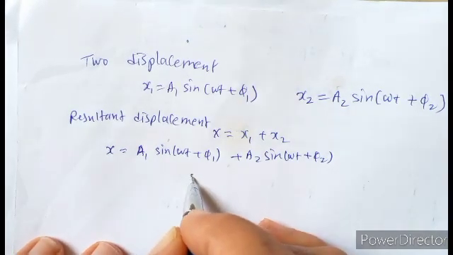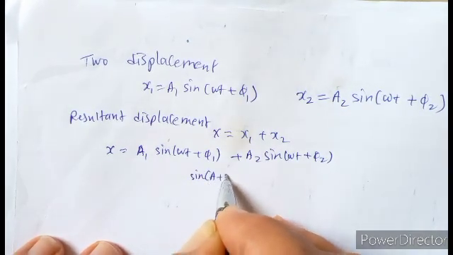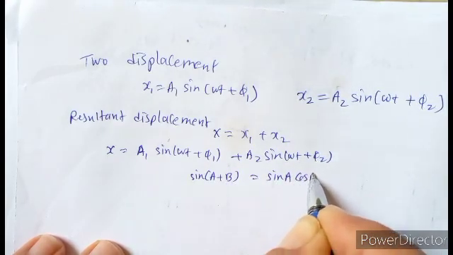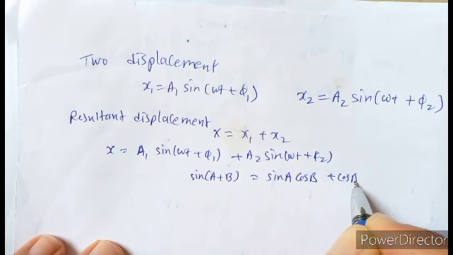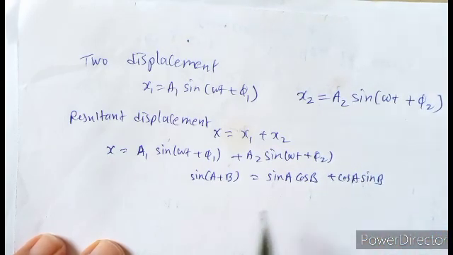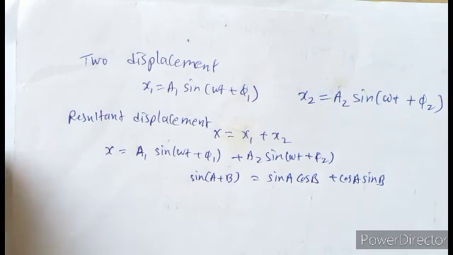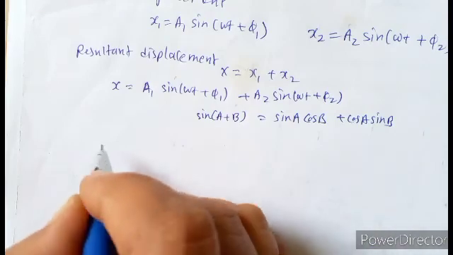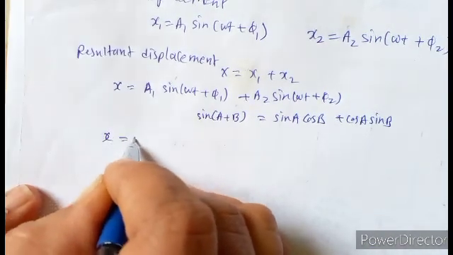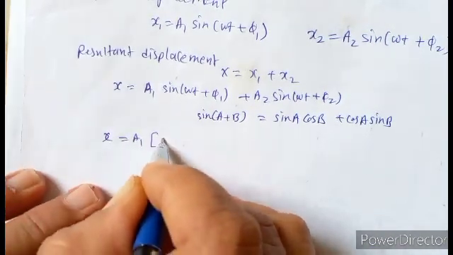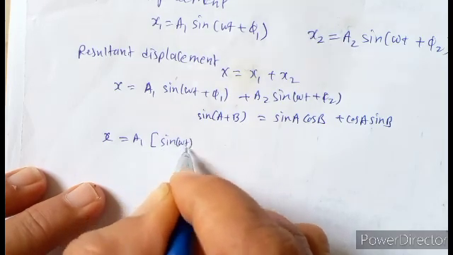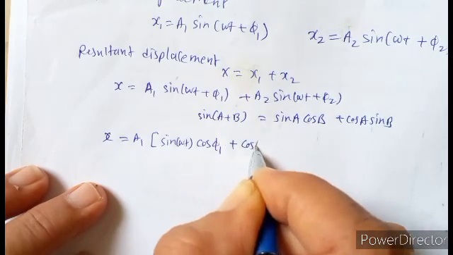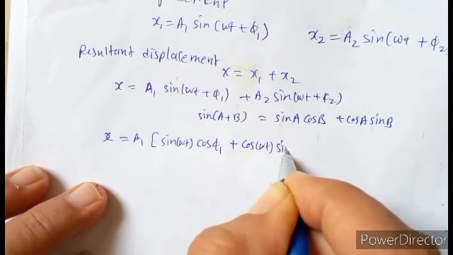Now we use the formula sin a plus b is equal to sin a cos b plus cos a sin b. We apply this formula, then we get the expansion of these two terms. x is equal to a1 inside bracket sin omega t cos phi 1 plus cos omega t sin phi 1.